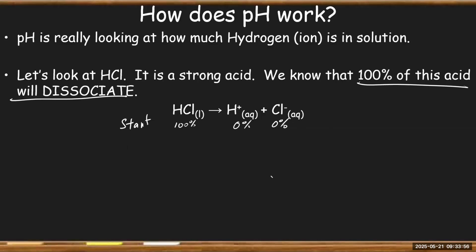So if I have, let's say, 10 molar HCl and 0 molar of the products, because we don't have any in the beginning, then at the end, how much HCl do we have left over? 0 molar. But how many of these? It's going to be 10 each, not 5 each, right? Remember, we're not splitting the concentration, right? It's a 1 to 1 to 1 ratio. Everybody okay? That's stoichiometry, right?